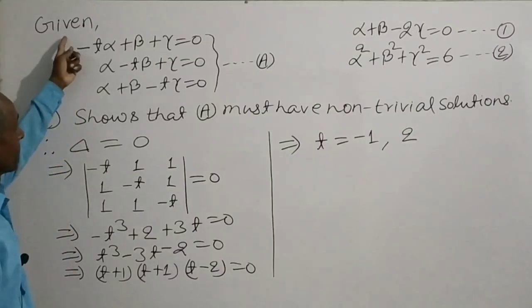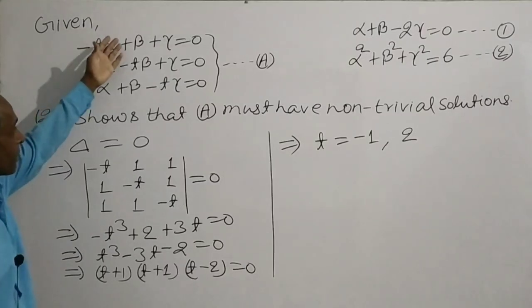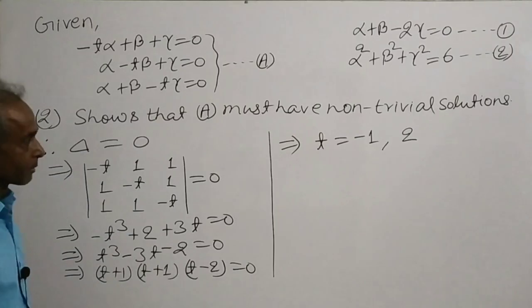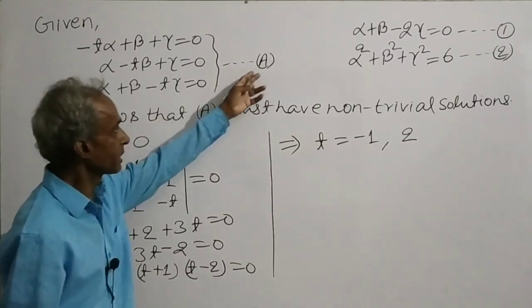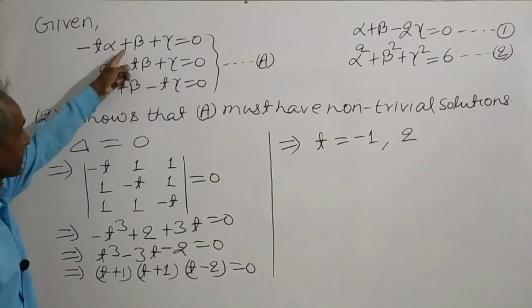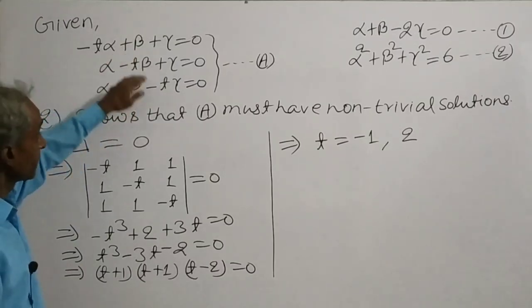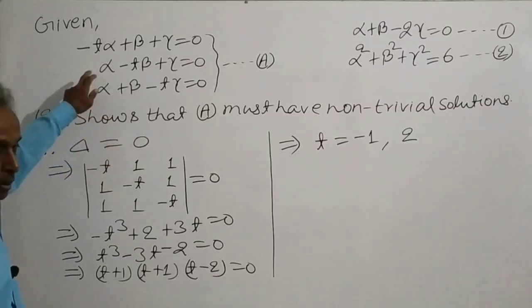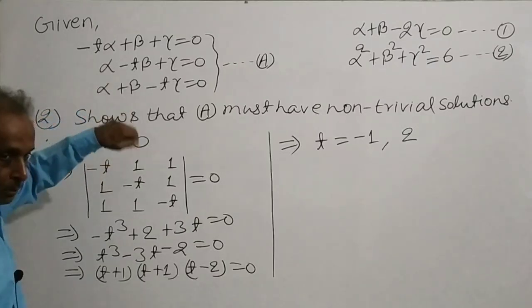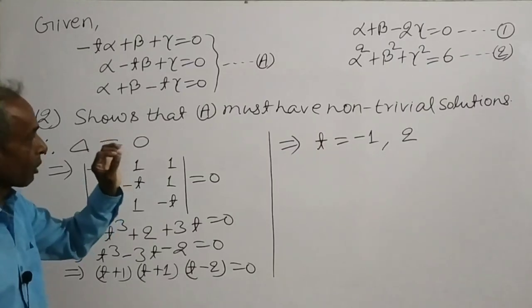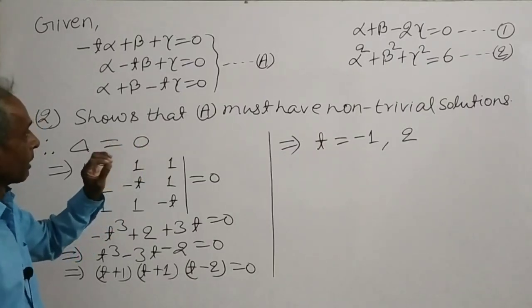It is given in this question that this is a system of equations. We suppose this system of equations as A. Since this is a homogeneous system of equations, it will have one solution which is called the zero solution.